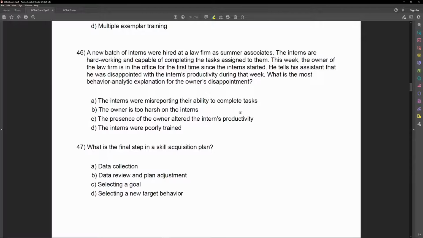And then D, the interns are poorly trained. What do we know from the question? We know that the interns are hardworking and capable. So they are capable, and all of a sudden their productivity is less than desirable. The most behavior analytic explanation for that change is reactivity. In other words, the presence of the owner altered the interns' productivity.